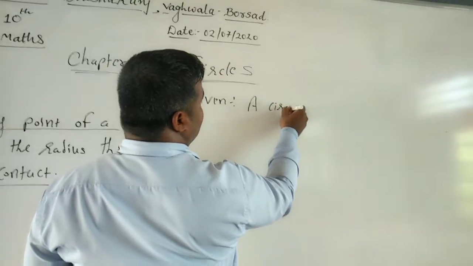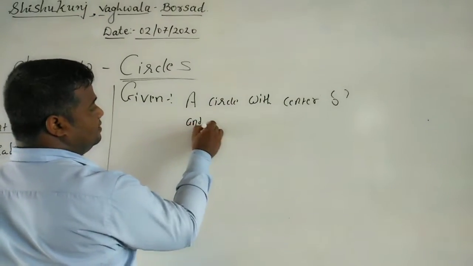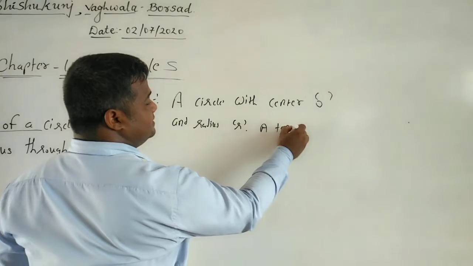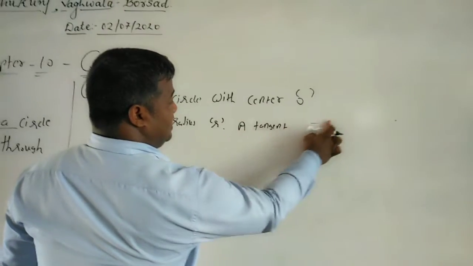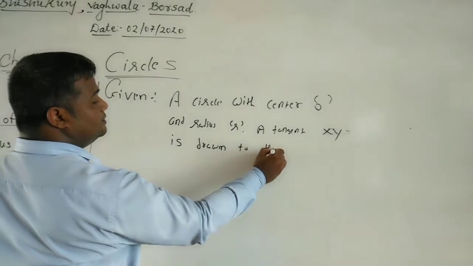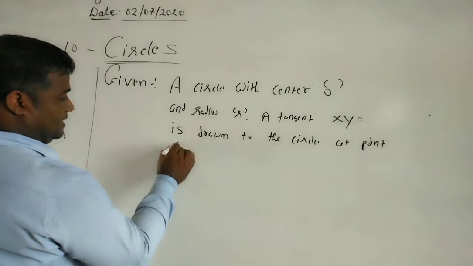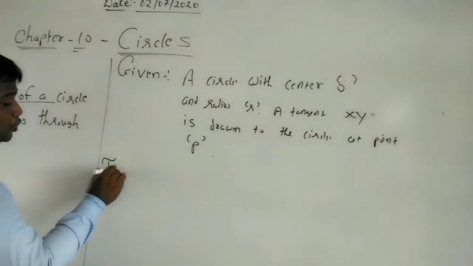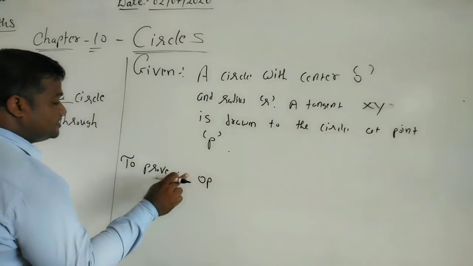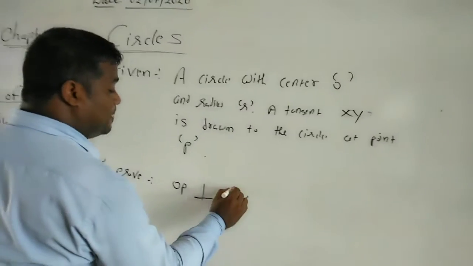Given: a circle with center O and radius R, a tangent XY is drawn to the circle at point P. To prove: OP, from the center of the circle O to the touching point P, is perpendicular to XY.